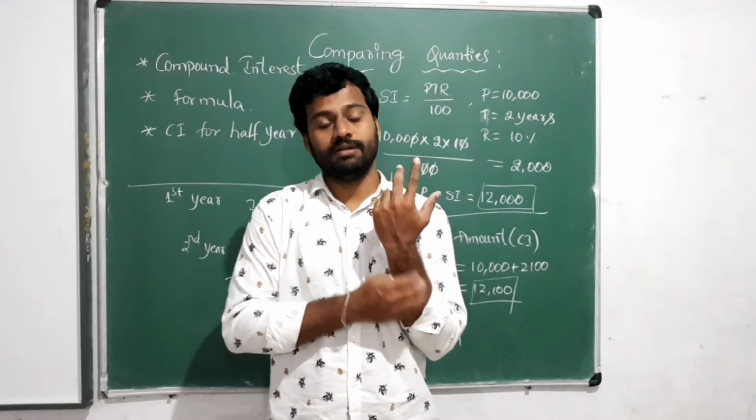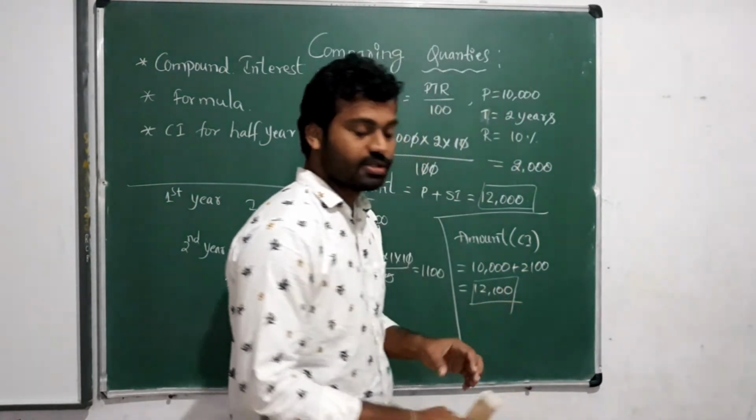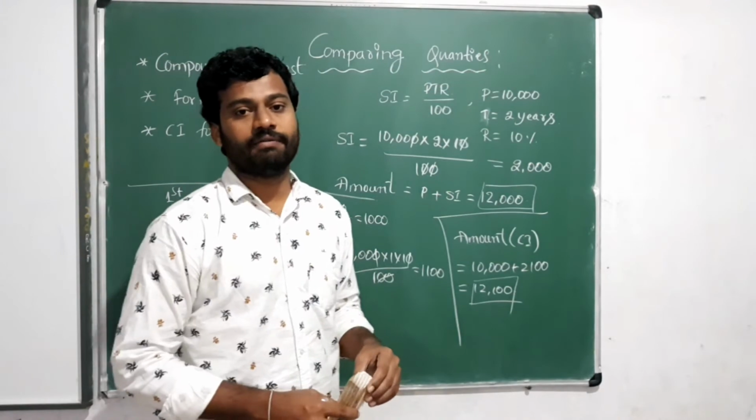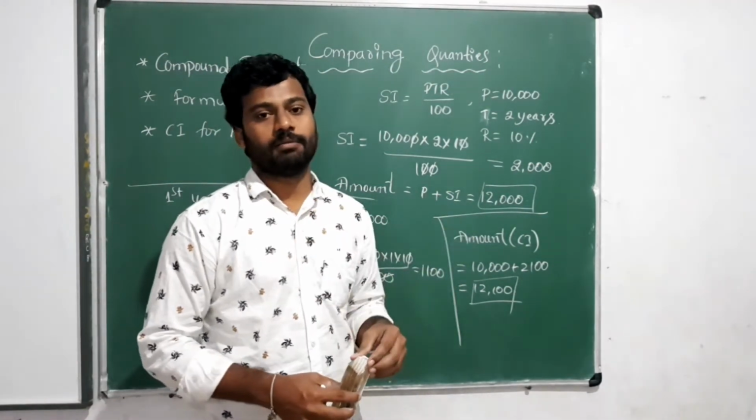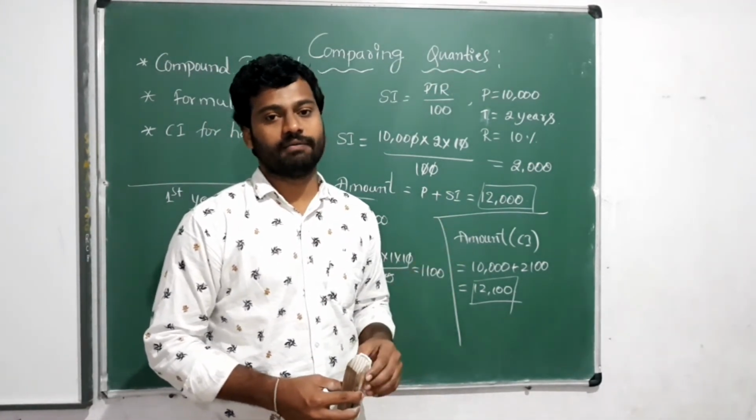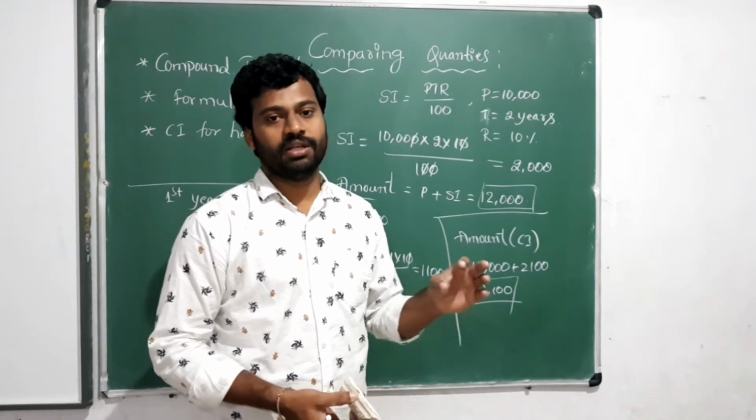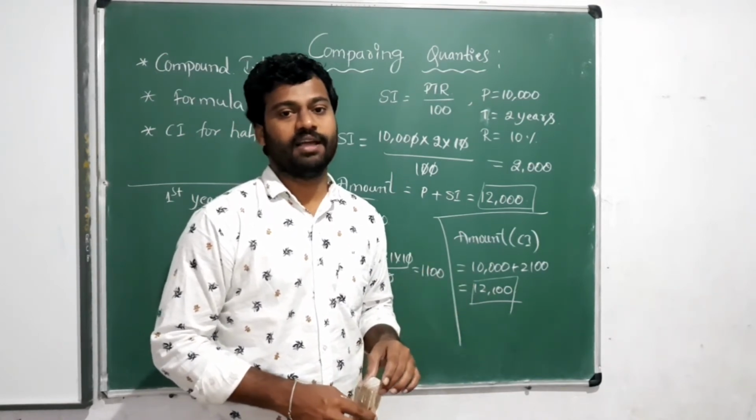What is that formula? For that, the explanation is also there. Okay, no need of deriving that formula. Directly you can consider the formula and substitute the values. Clear? Okay.